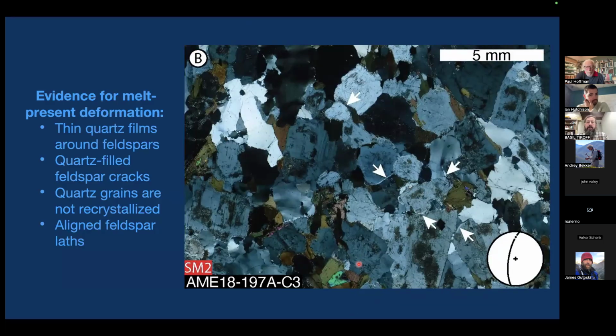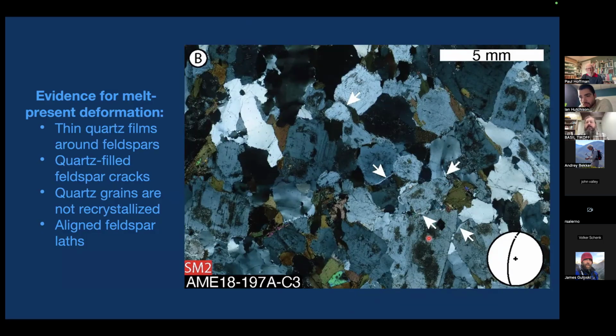If you look mostly at the submagmatic, so these look like good granites, there's really interesting things. You see these little quartz stringers along some of the grain boundaries, and that suggests that there is melt present during the deformation of these zones. There's also quartz-filled feldspar cracks, so this is called submagmatic fracturing.